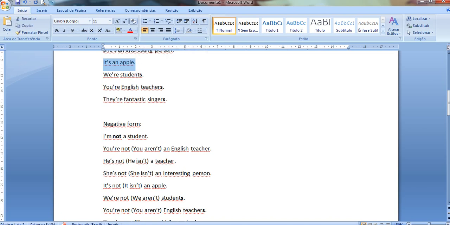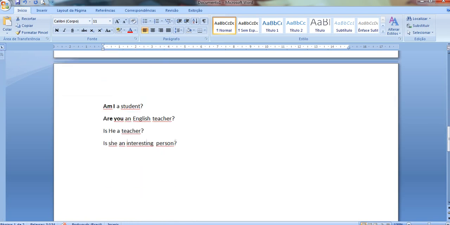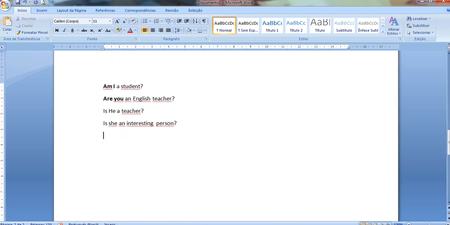Here it is in affirmative form. Let's change to interrogative form. So we can say in English, is it an apple? Question mark. Okay, so as you can see, we have only to put the form of verb be before the personal pronouns.